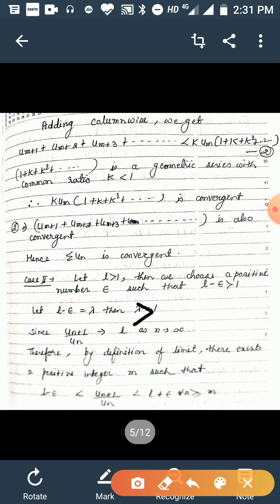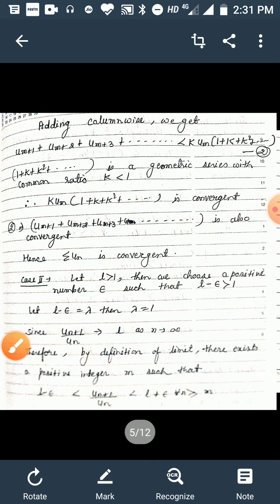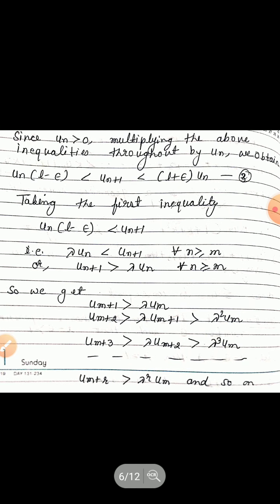Therefore, by definition of limit, there exists a positive number m such that L minus epsilon is less than un plus 1 by un is less than L plus epsilon for all n greater or equal to m. Now again, since un is greater than 0, multiplying the above inequalities throughout by un, we obtain (L minus epsilon) un is less than un plus 1 is less than (L plus epsilon) un.